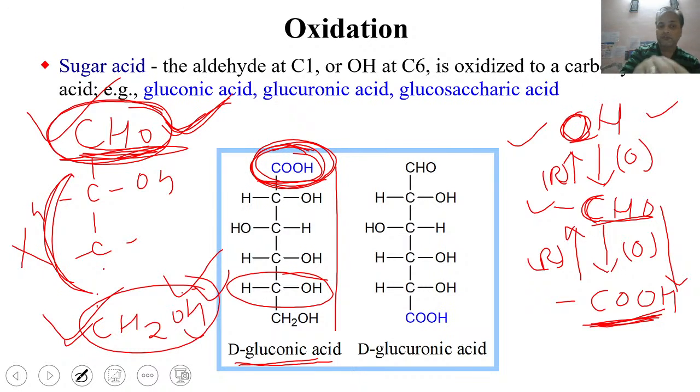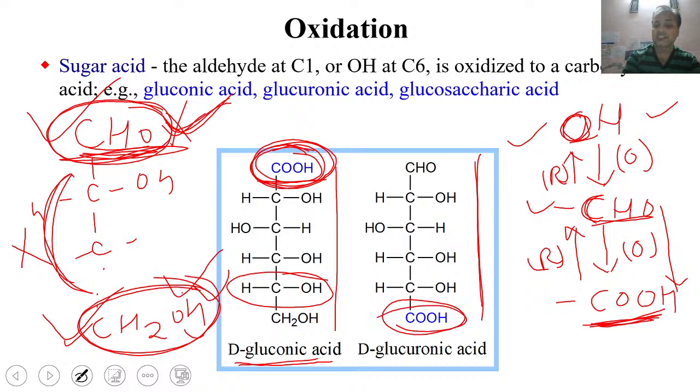If the aldehyde is not oxidized and only the primary alcohol is oxidized, then we have a COOH at that end, and this is called D-glucuronic acid. So if aldehyde is oxidized, D-gluconic acid; if primary alcohol is oxidized, D-glucuronic acid.